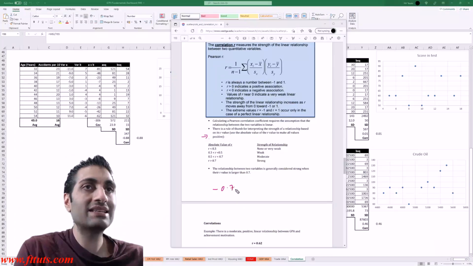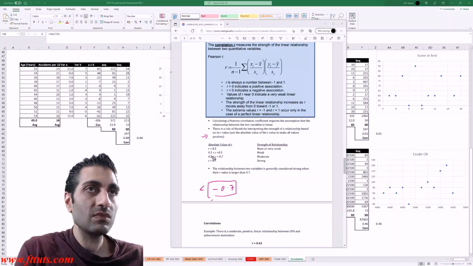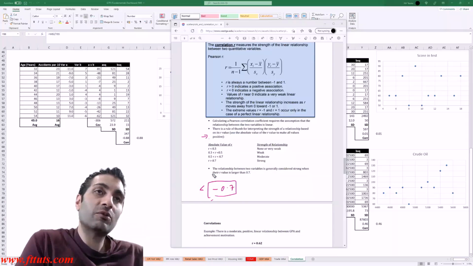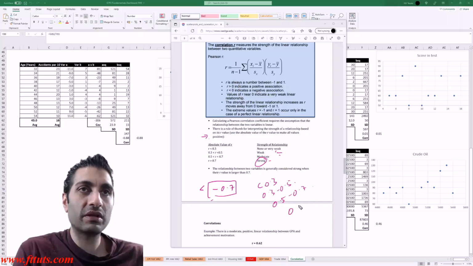It's a bit confusing with these signs, but essentially if it's minus 0.7, minus 0.8, basically greater than 70% correlation coefficient, it's very strong. So the point is, what he's saying in a nutshell: less than 0.3, there's no relationship. Between 0.3 and 0.5, it's weak. Between 0.5 and 0.7 is moderate. Greater than 0.7 is strong.